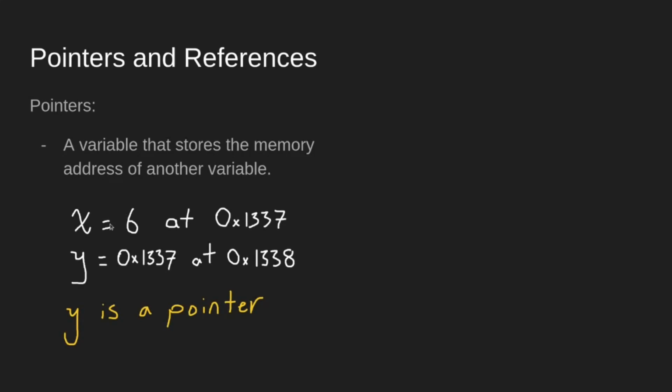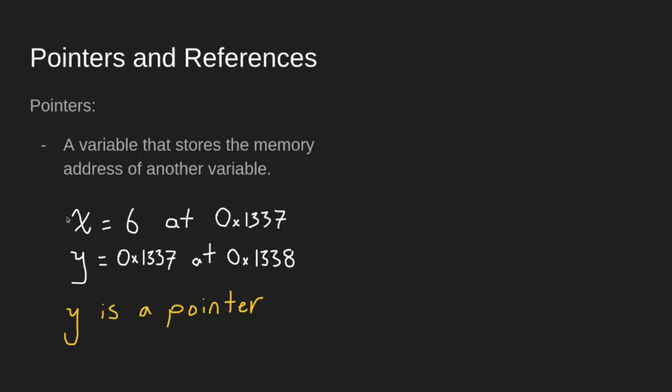So for example, if we had the variable x, which is set equal to 6 and is stored at the location 0x1337, and we have a pointer called y, which is a variable stored at 1338, but holds the value 0x1337, and that's just the address of x. So here we would call y a pointer to x.